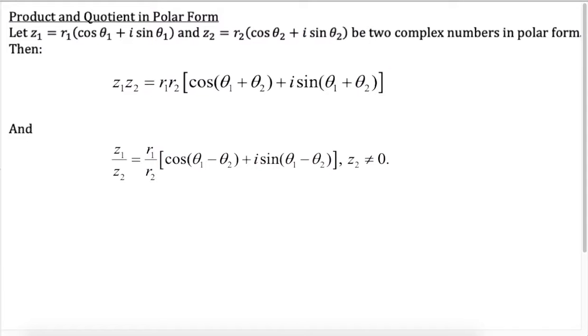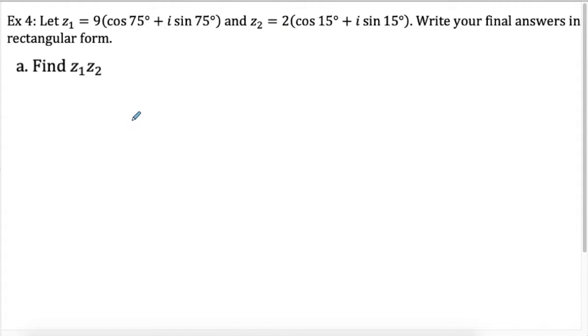So let's try a couple examples here. Let's say that this is my first complex number in polar form. This is my second one. I want to multiply them together. So I'm going to multiply my two r values together. So 9 times 2. And then on the inside, I'm going to add the angles.